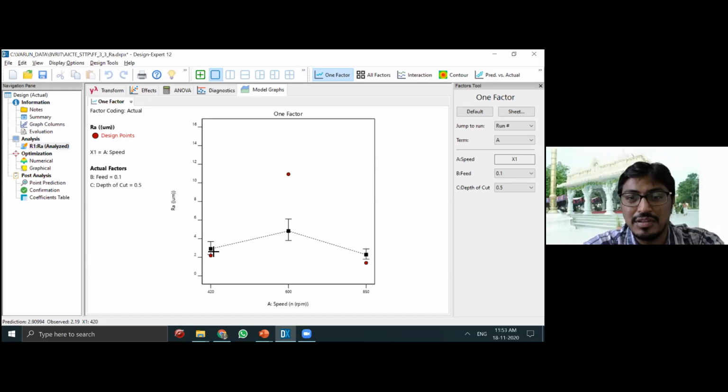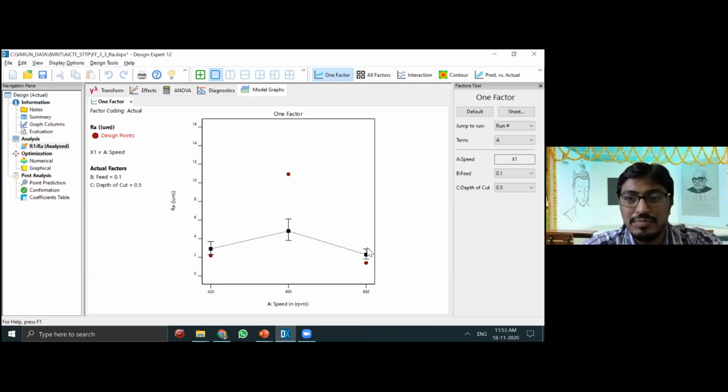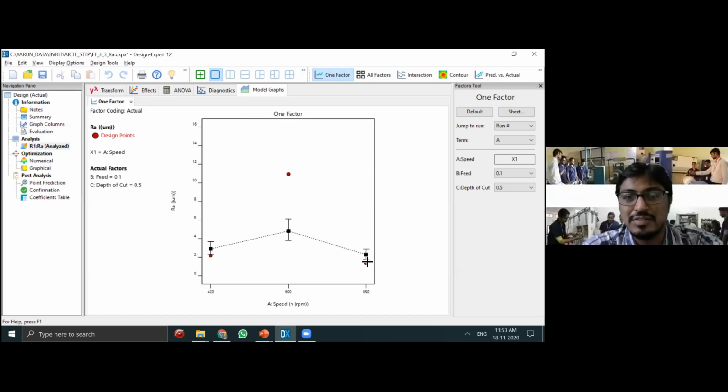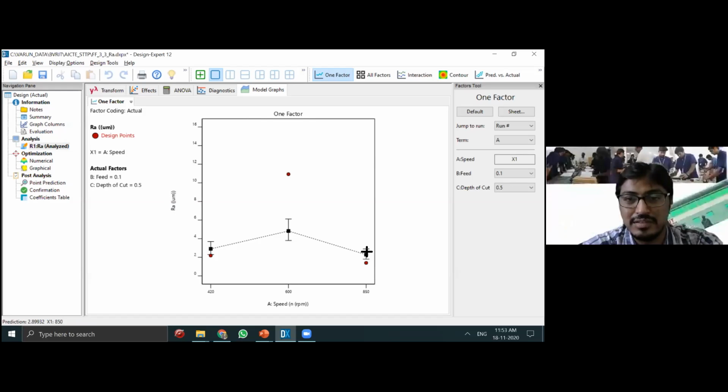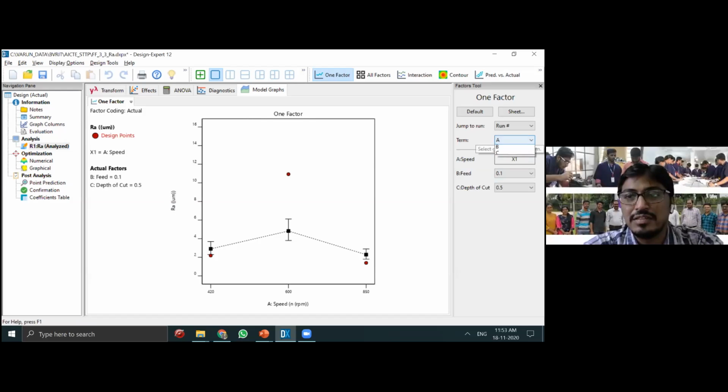Just keep your cursor on the point you want to note. In the left bottom corner, you'll get the value. For it, it is like 2.9. Here it is 4.82, and here it is 2.28. And if I want to know the higher and lower margins also, just keep the cursor on that, so you can know 1.8 here. Here it is 2.8, 2.89 somewhere, right? And for the other factors, I just have to change the terms.